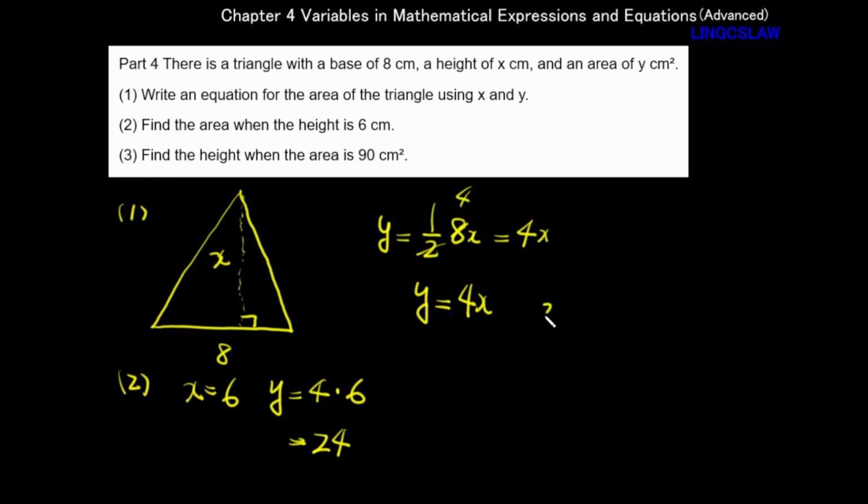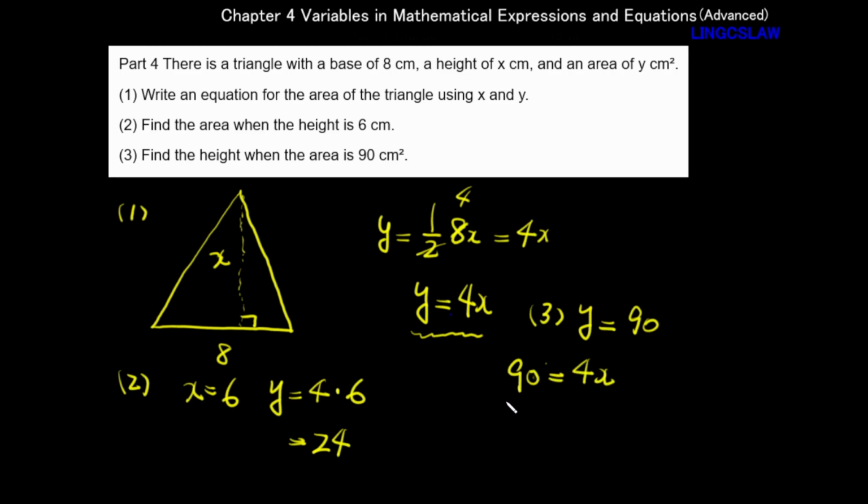And number 3, find the height when the area is 90 square centimeters. So this time y equals 90. So in this equation, let's substitute 90 for y. 90 equals 4x.